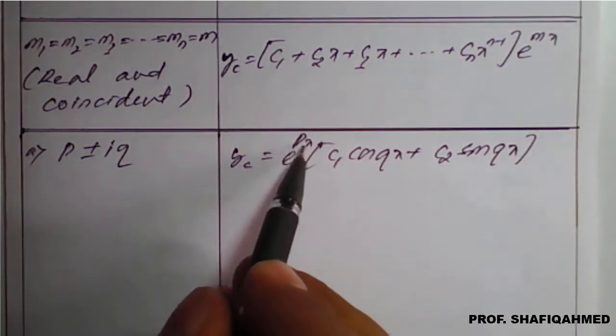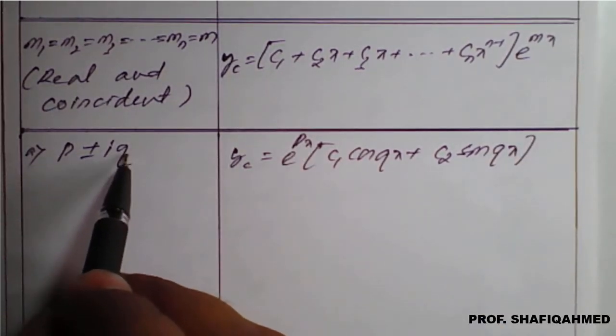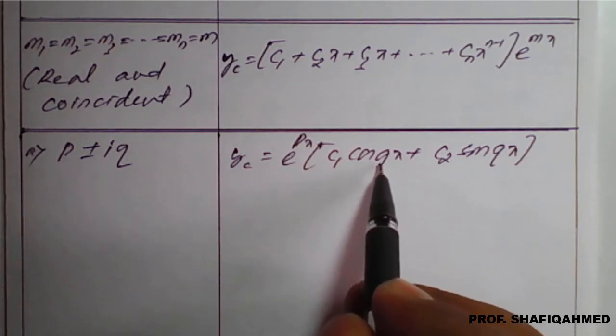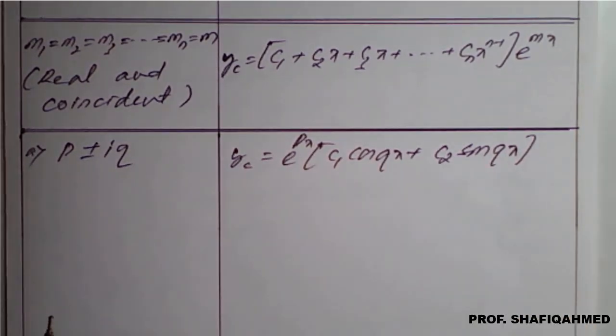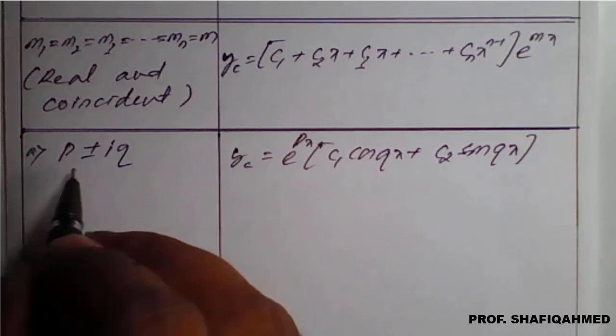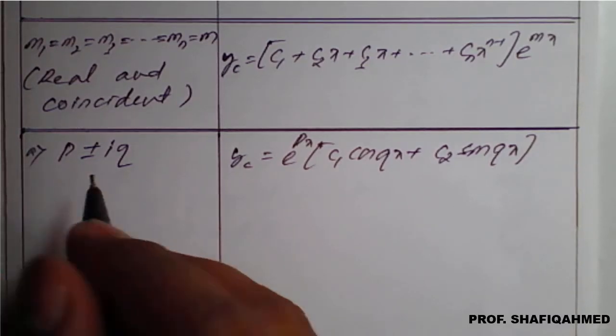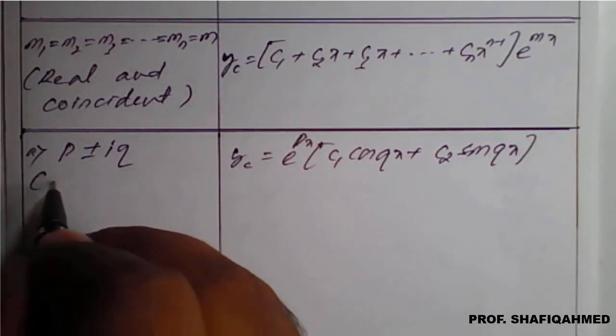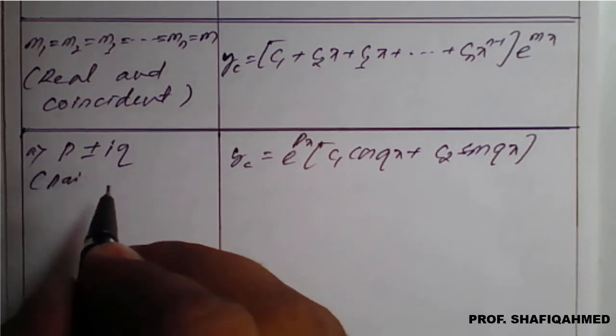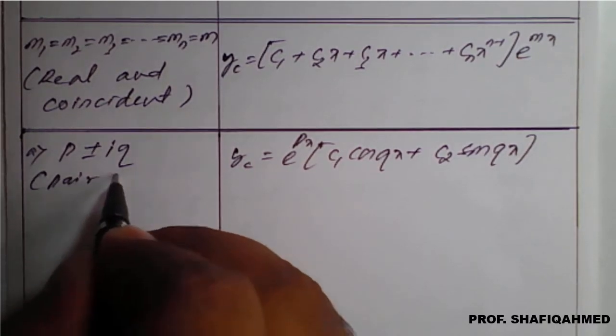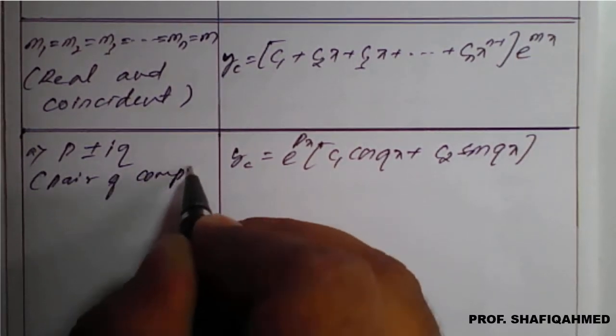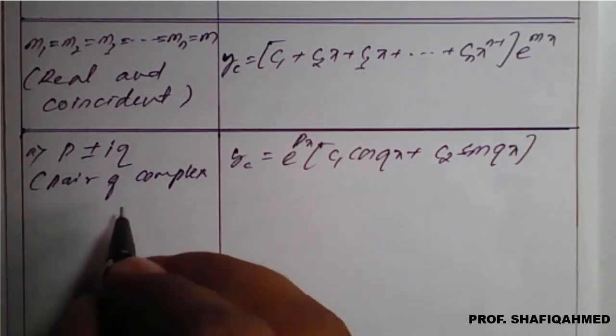Here the real part gives e raised to px, and the imaginary part q is the angle for cos and sine. So this is a pair of complex roots.